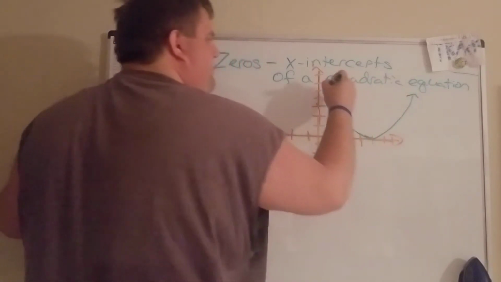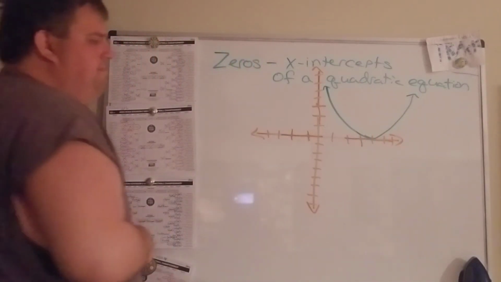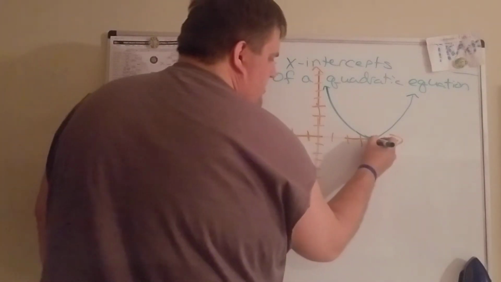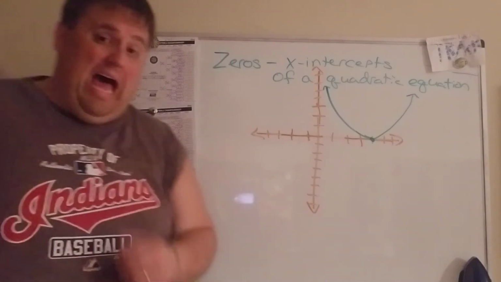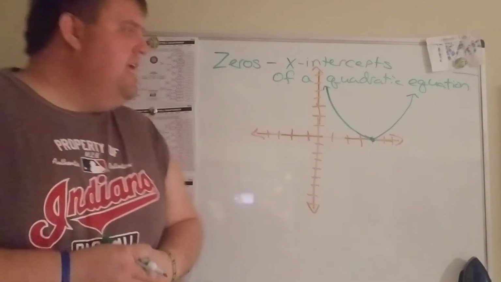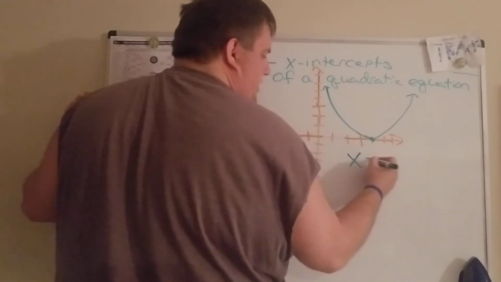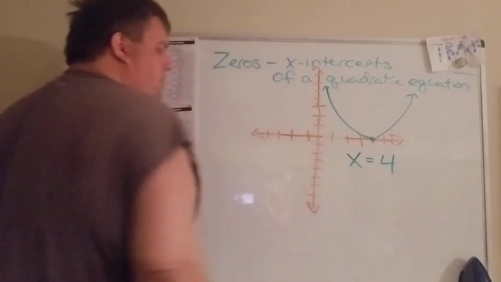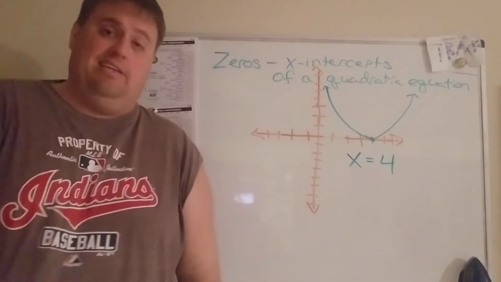There we go. So it's been shifted to the right, but I can see it only is going to cross the x-axis now at 1 spot. My vertex is literally sitting on top of that x-axis. And so in this case, my solution here, I'm only going to have 1. Just x equals 4. 4 is the only place where this is going to cross the x-axis.